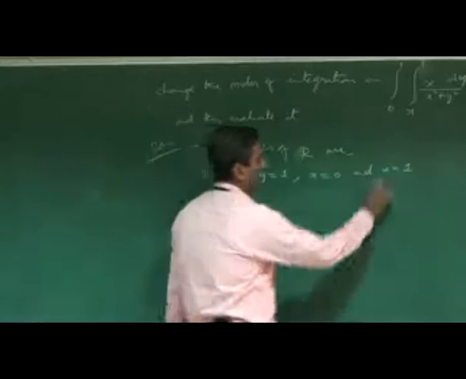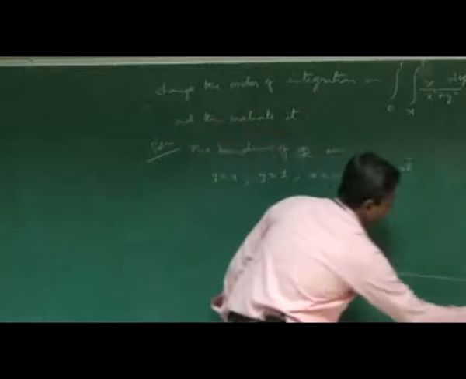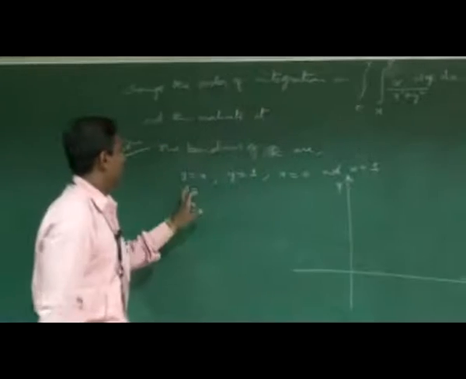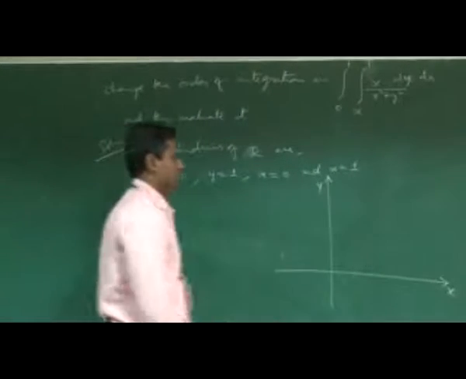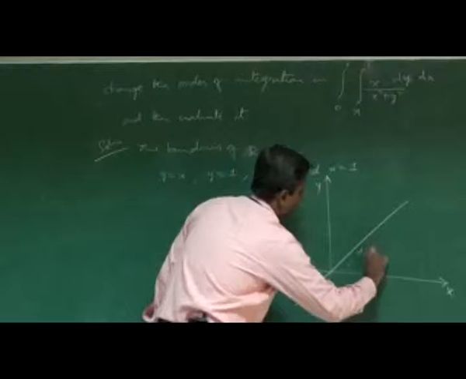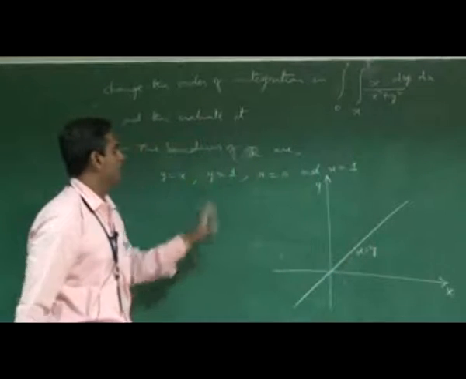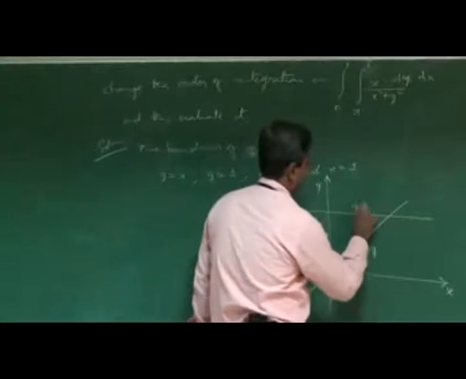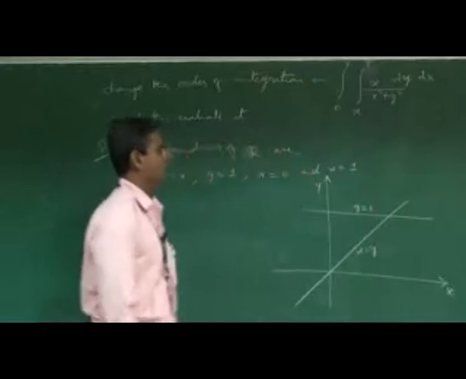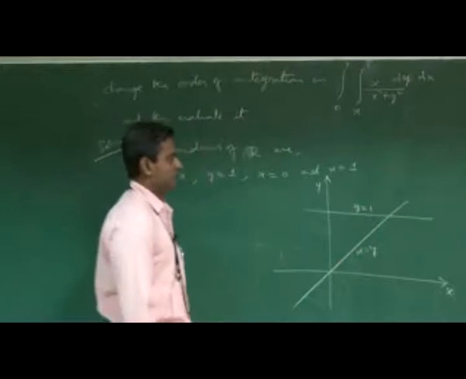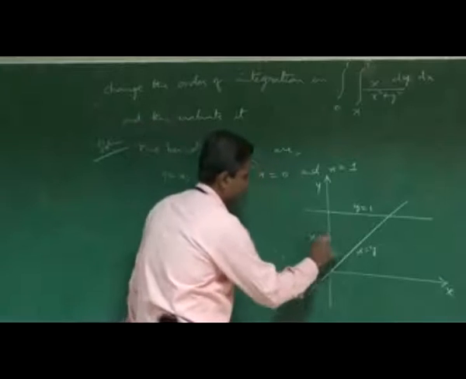So how do we fix the region here? We take the x axis and y axis, and y equal to x, or x equal to y, which is a line like this. Then you draw the line y equal to 1, which is parallel to the x axis, and x equal to 0, which lies on the y axis.